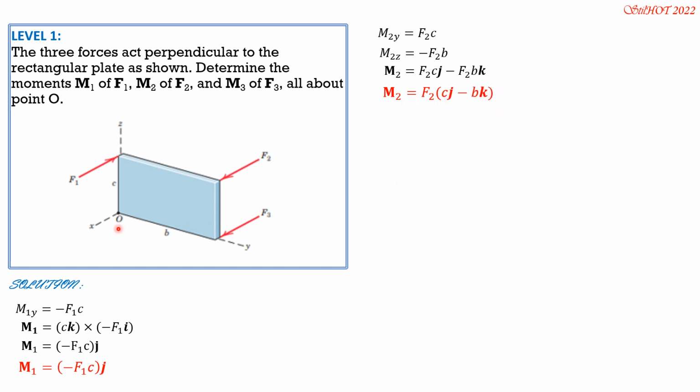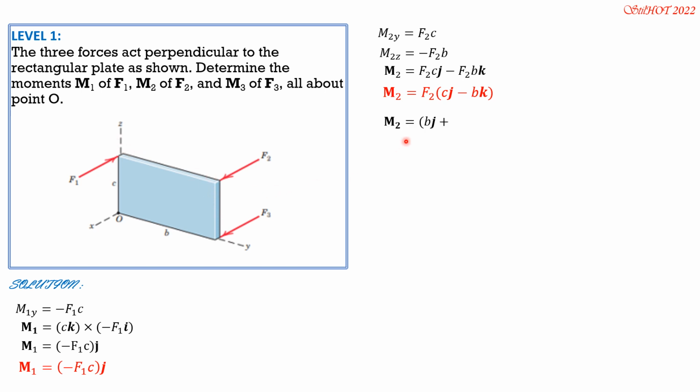By the vector approach, it is r from O to the line of action of F2. So that position vector from O to the line of action of F2 is B j plus C k, cross F2. And F2 is pointing in the positive x-axis, so in vector form, F2 is F2 i.